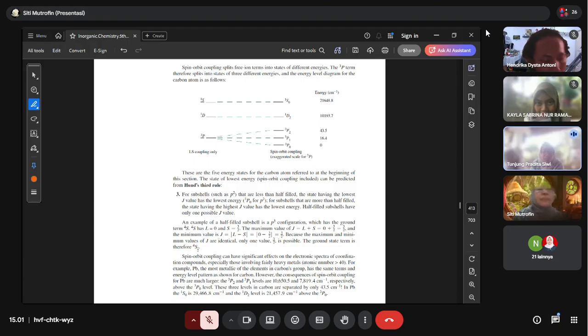Okay, the third Hund's rule states that for subshells such as P2 that are less than half filled, the state having the lowest J value has the lowest energy. So the 3p0 for P2. For subshells that are more than half filled, the state having the highest J value has the lowest energy. Half filled subshells have only one possible J value.